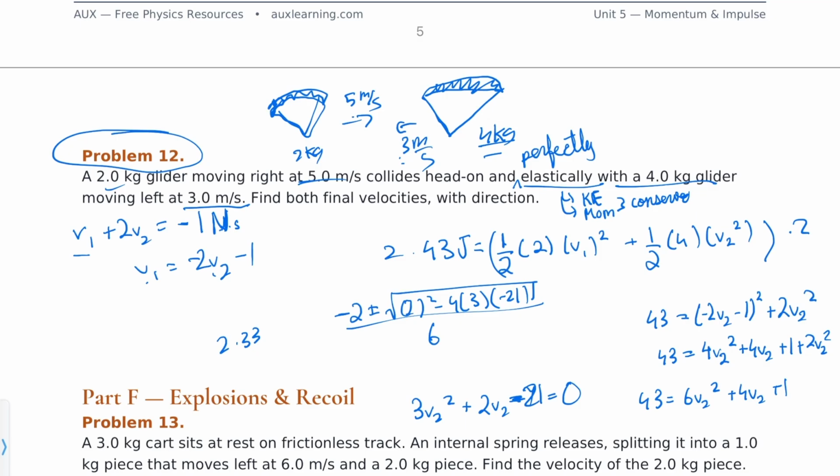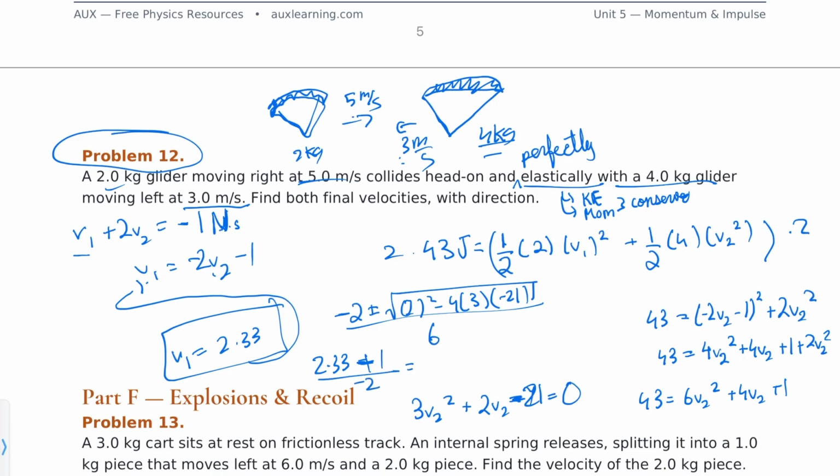So 2.33 is going to be our velocity 1. And then we can just plug that in to here. 2.33 is equal to negative 2v2 minus 1.